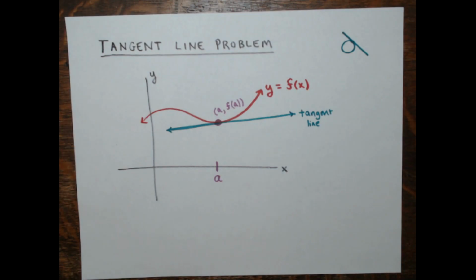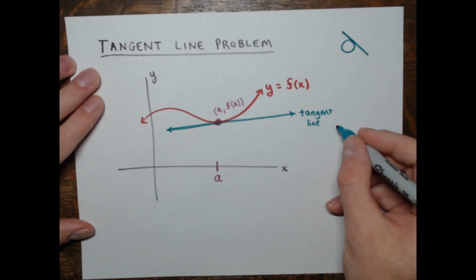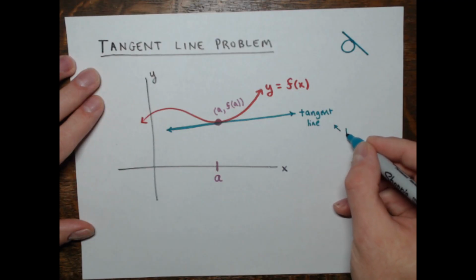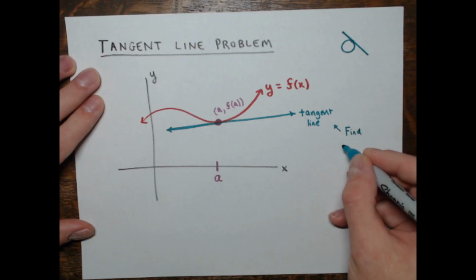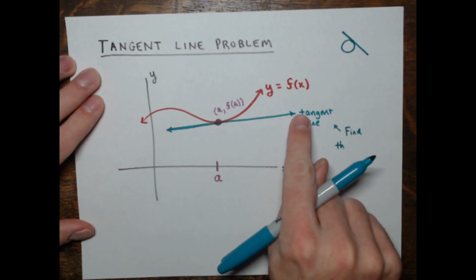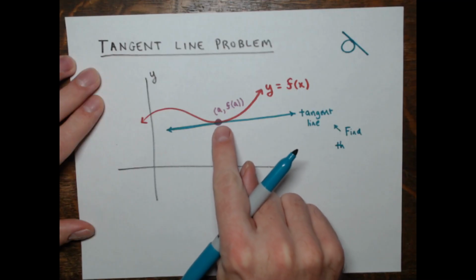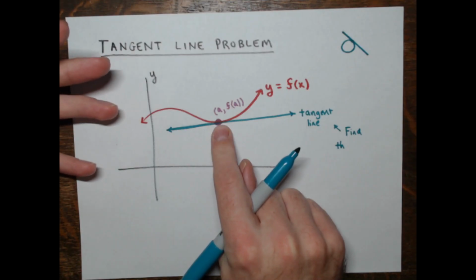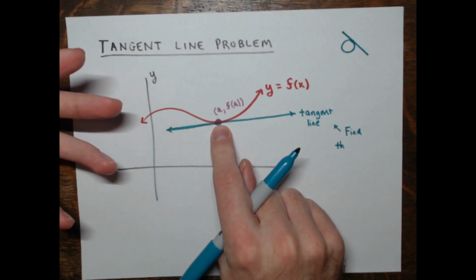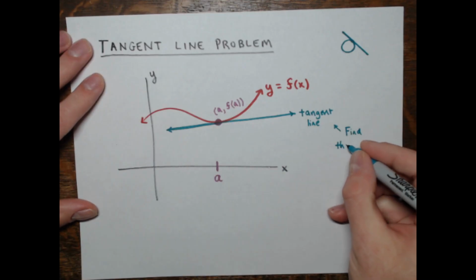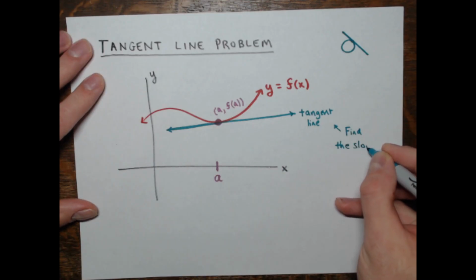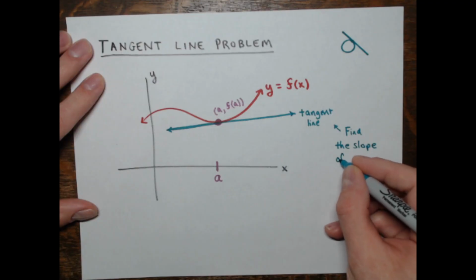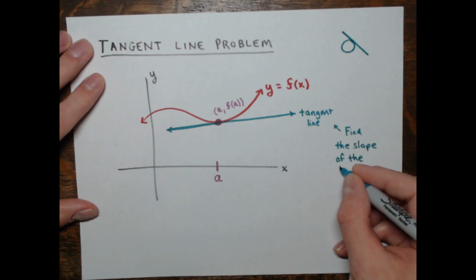So here's the problem, right? The tangent line problem in calculus. We're going to try to find the slope. And what is that direction that the curve is going in at this moment, right? And so remember, the slope of a line will indicate the direction you are moving in. So we're trying to find the slope of the tangent line.